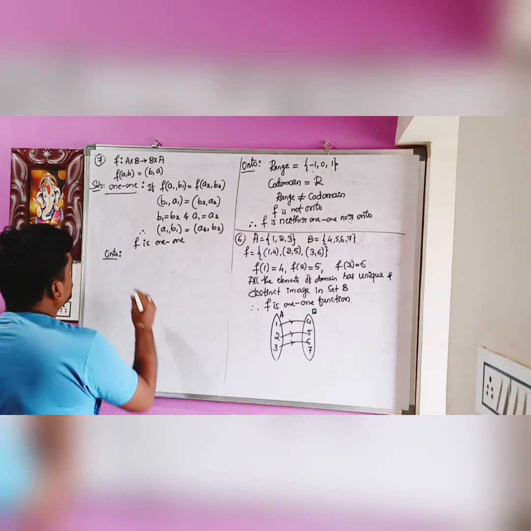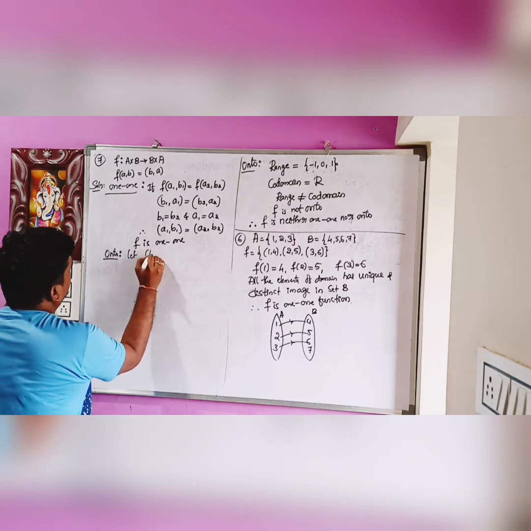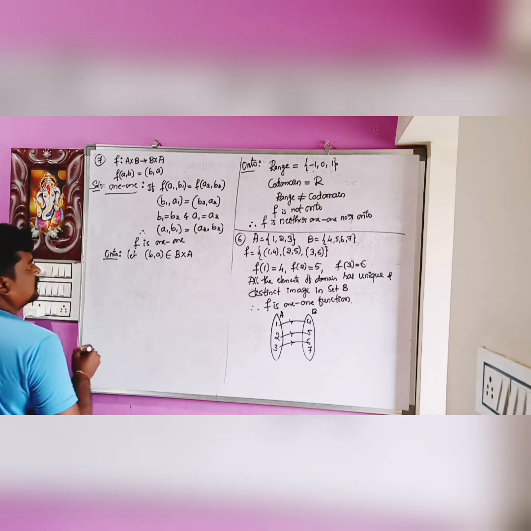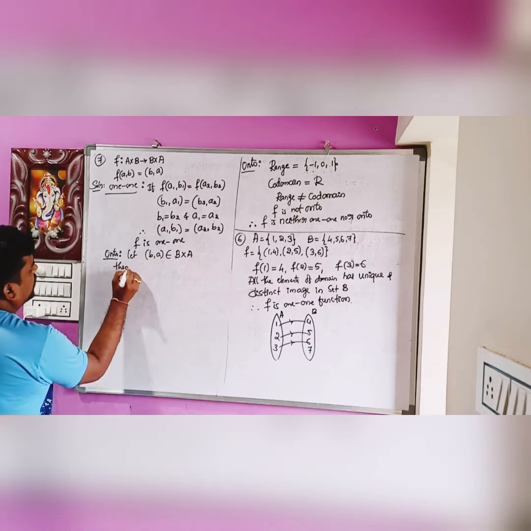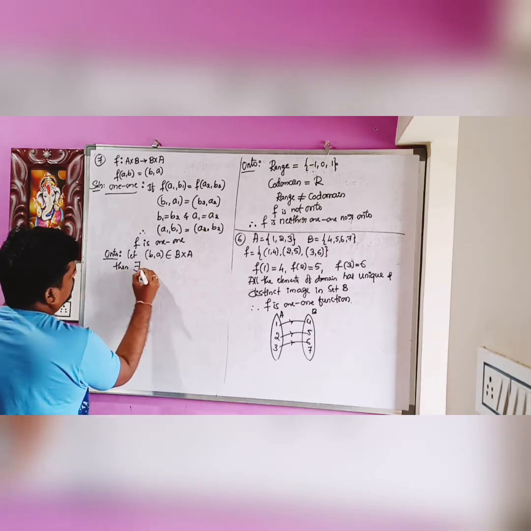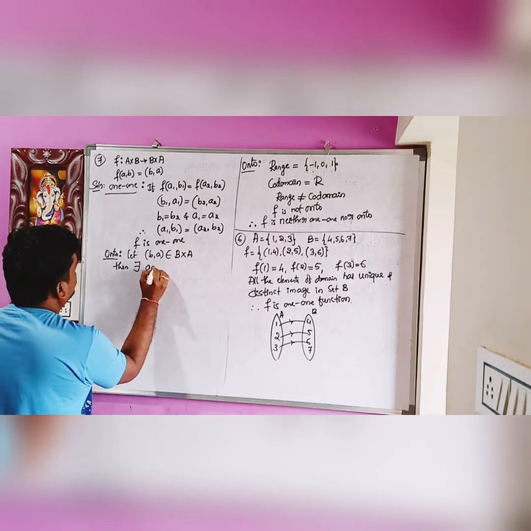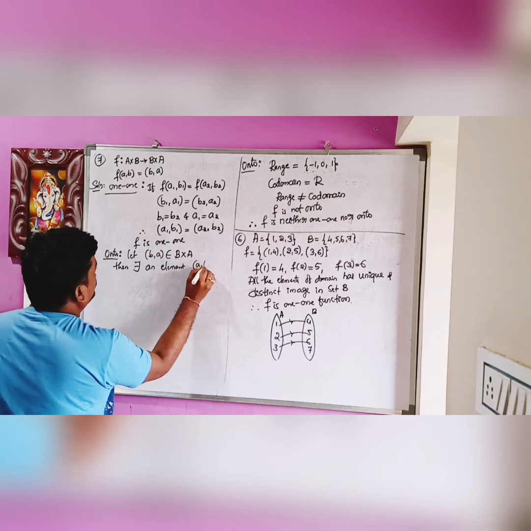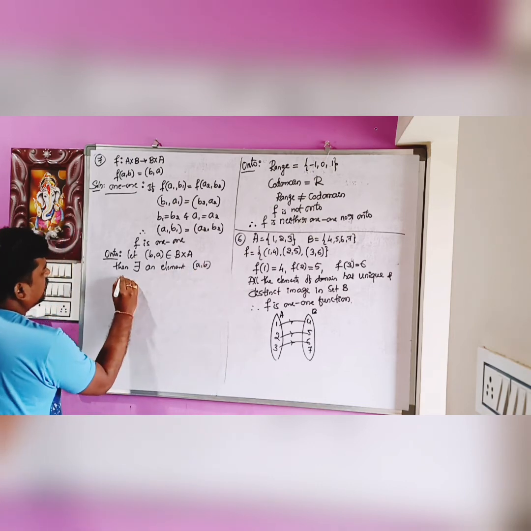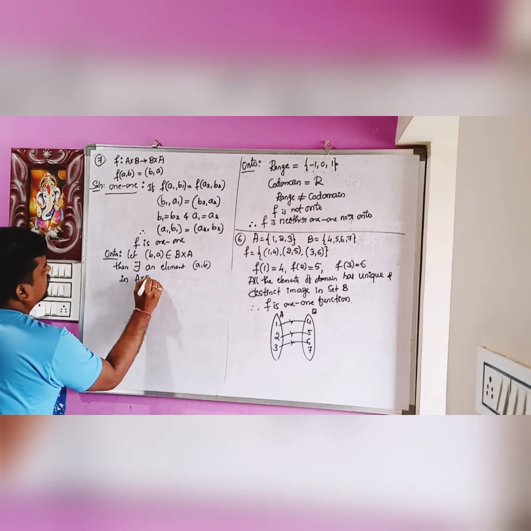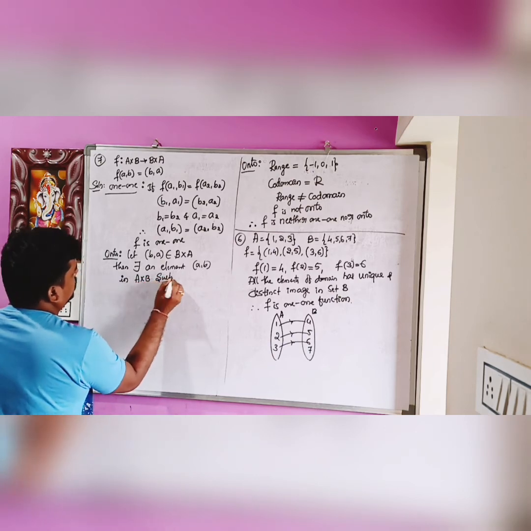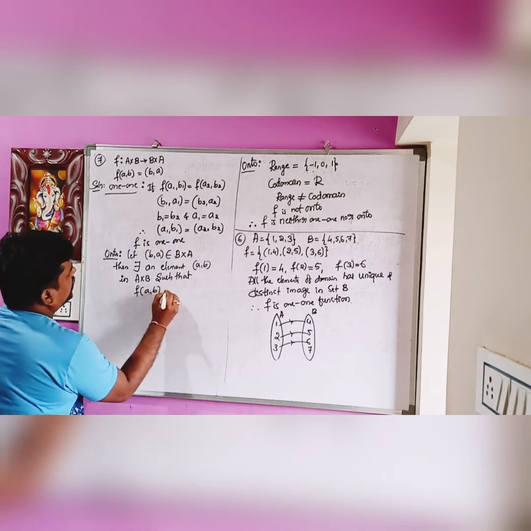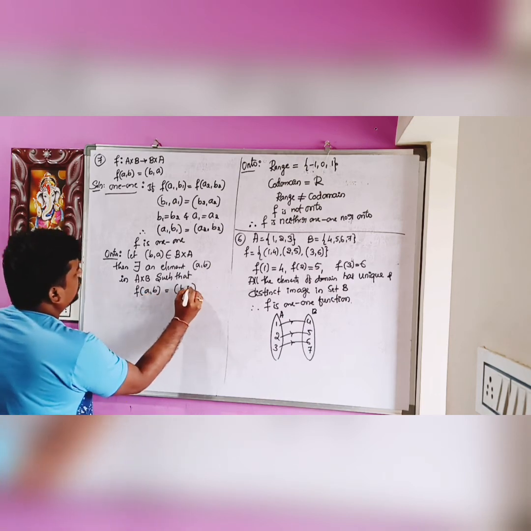For onto function, let (b, a) belong to B cross A. Then there exists an element (a, b) in A cross B such that f of (a, b) is equal to (b, a).